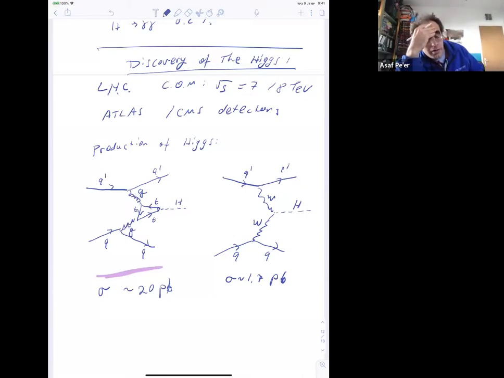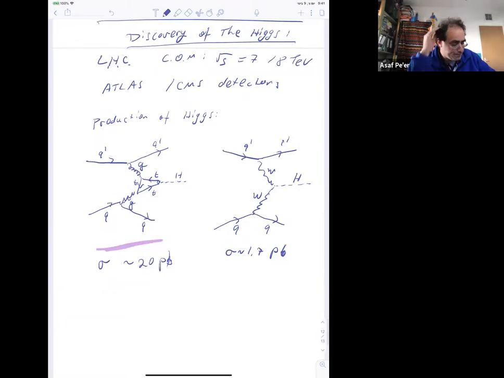Now, once you produce those, then of course you need to know that you produced the Higgs, and the way to know that is to look at the decay of the Higgs. But of course, one needs to discriminate to tell that what decayed was actually the Higgs, because what you have here is really proton-proton collision. So you have many multi-jet final states that you can have.